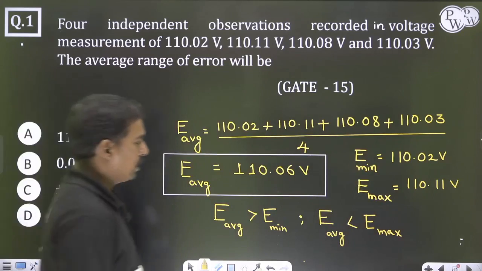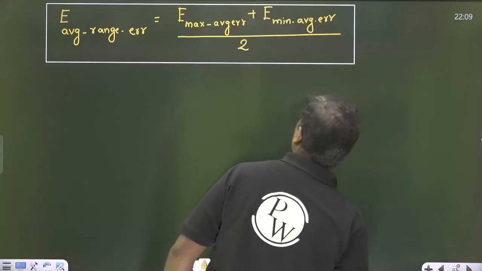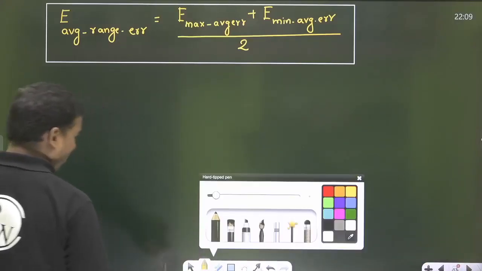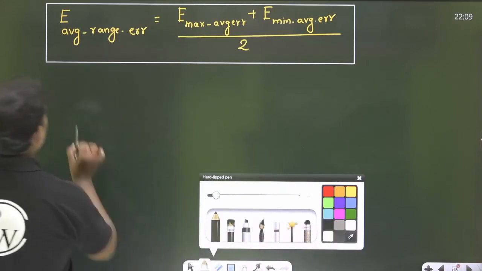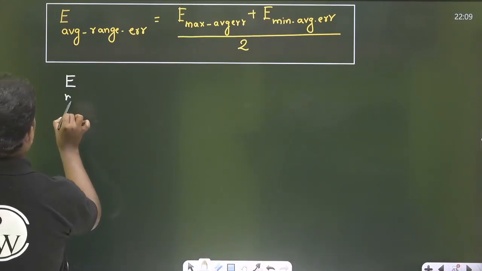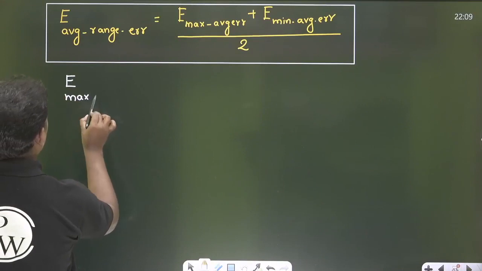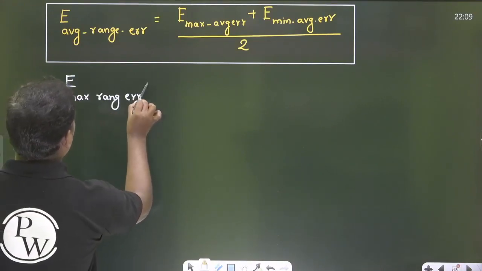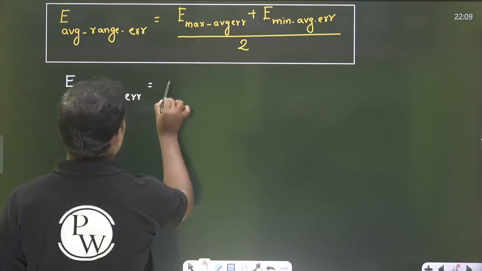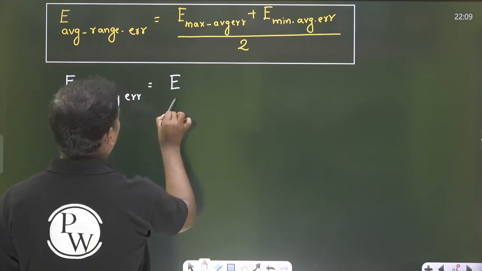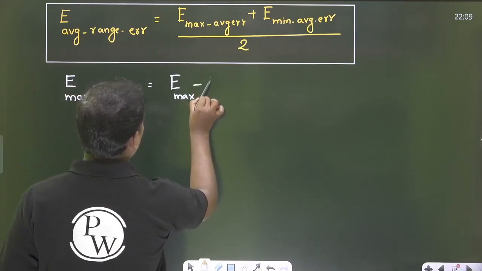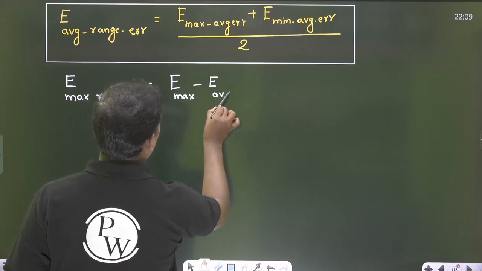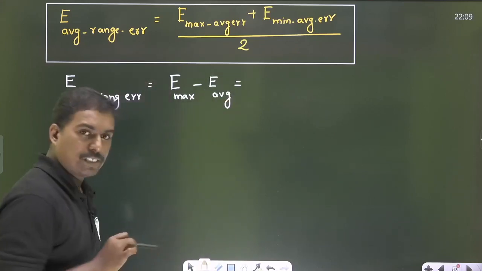Now from this I can get the maximum range error. So what is the maximum range error? That is E maximum minus E average.